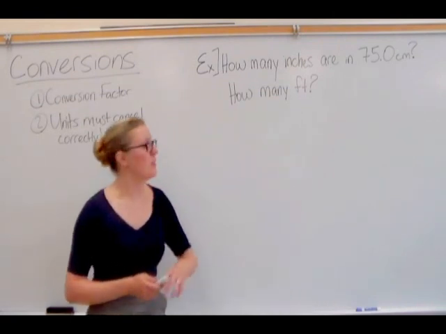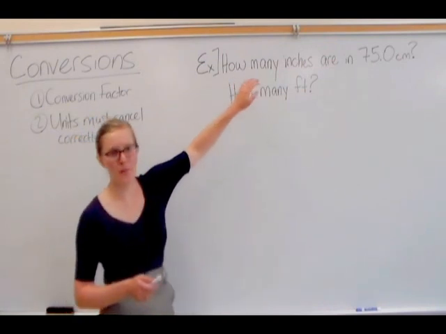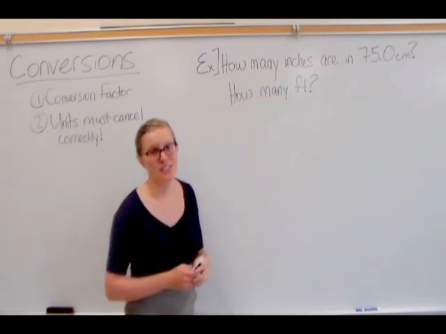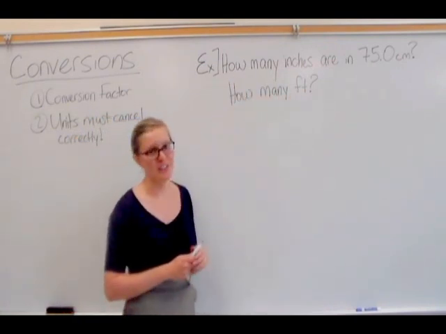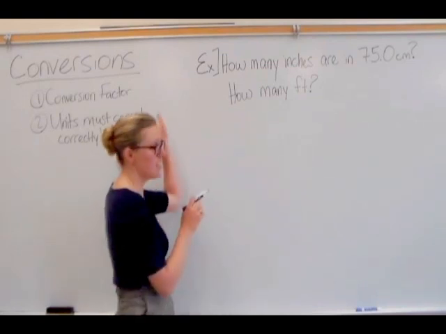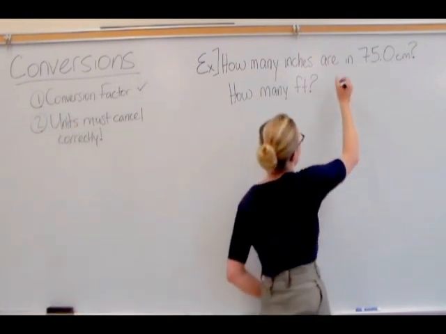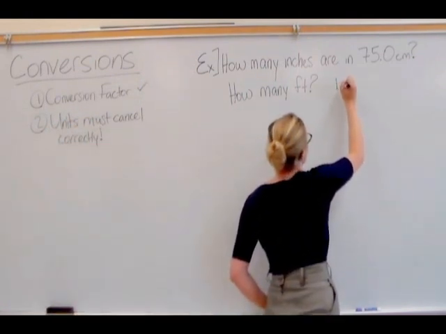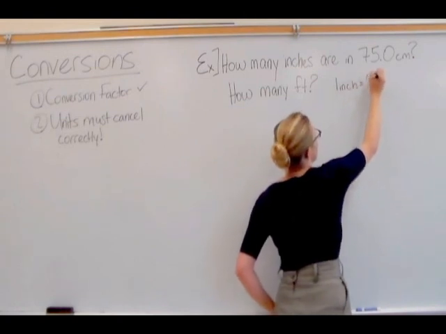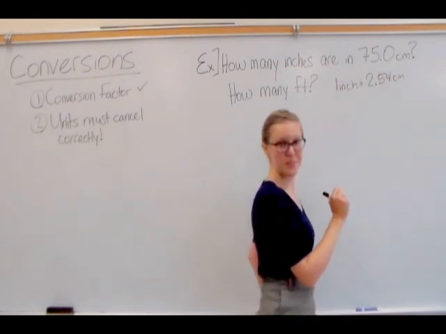So as an example, I want to go through these two questions. How many inches are in 75 centimeters and how many feet? So to do this, the first thing we'll need is our conversion factor. So we can say in 1 inch, there are 2.54 centimeters.